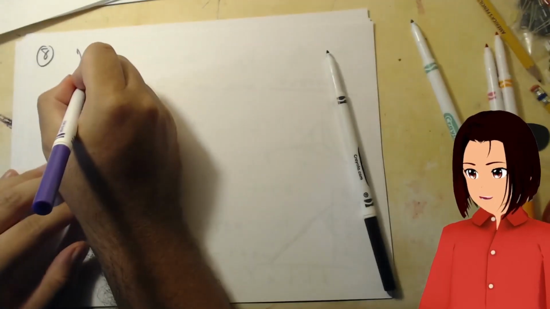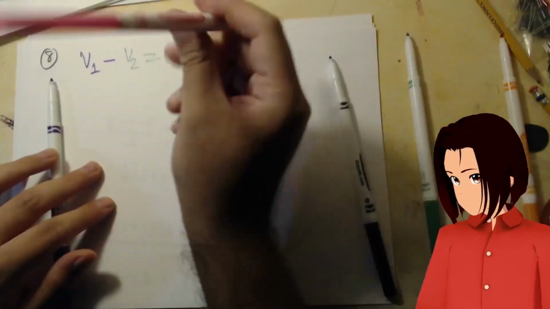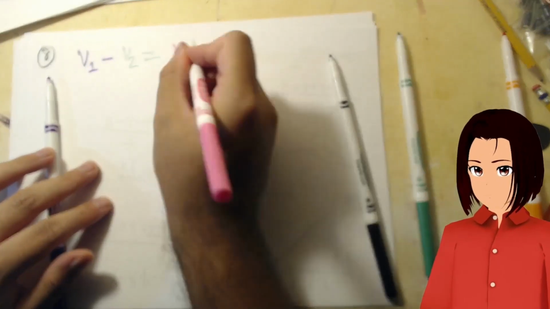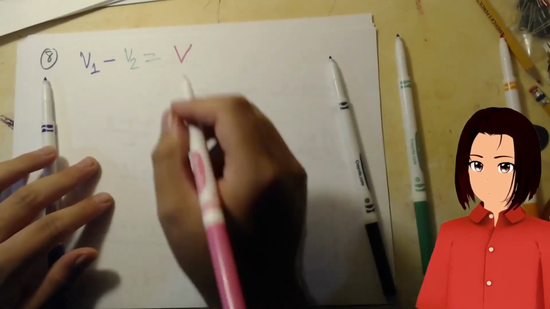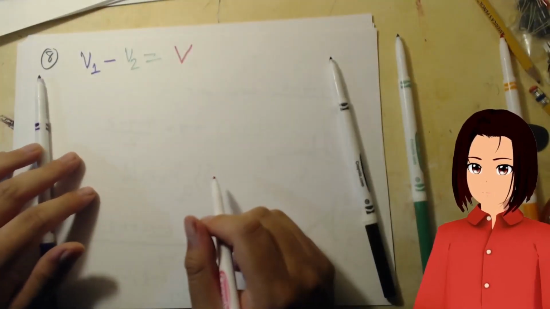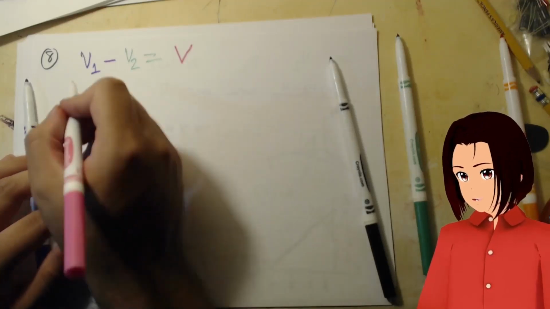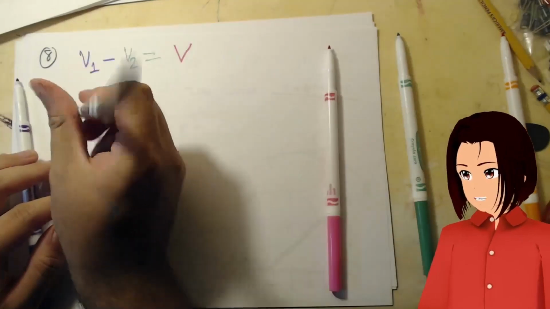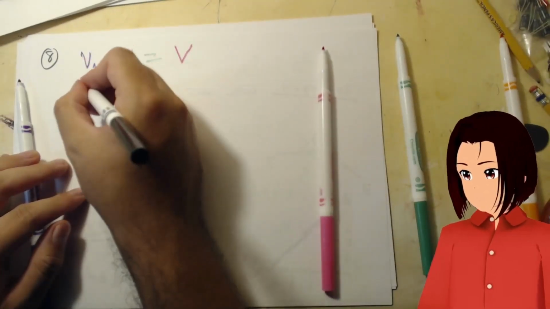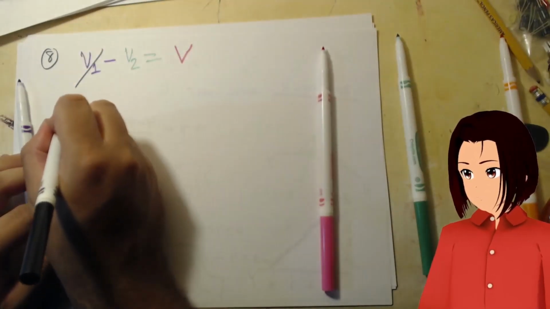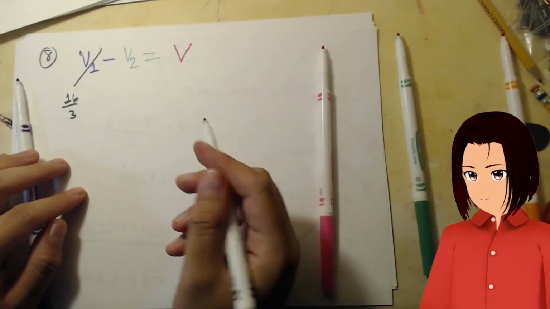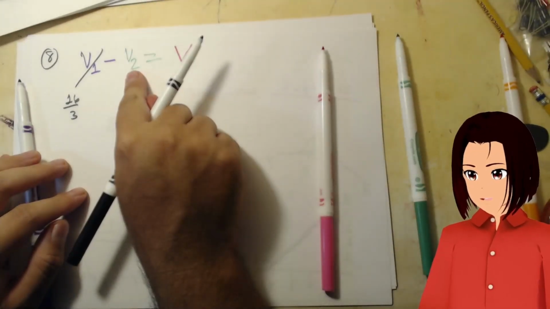Our V1 minus our V2. So we know that this guy is just 16 over 3 because I evaluated that earlier. This guy, I'll evaluate right now.